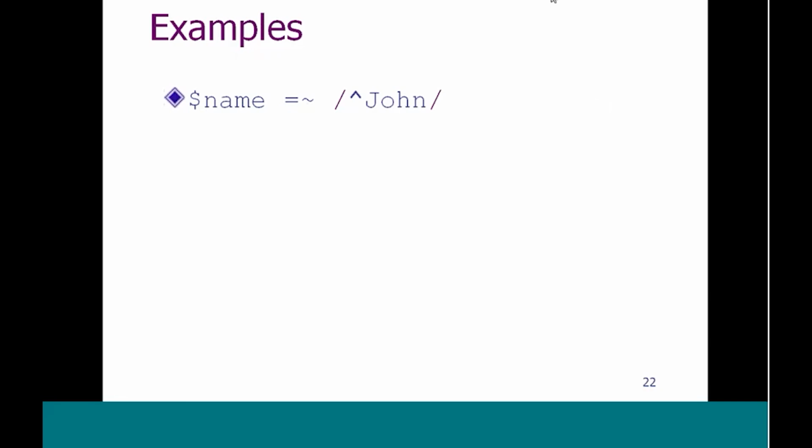So here the dollar name is matched with John. Can anyone tell me where this John usually comes? As you can see, since the caret is used, the variable is anchored at the beginning. So this John has to be the first 4 characters of the string in order to match.